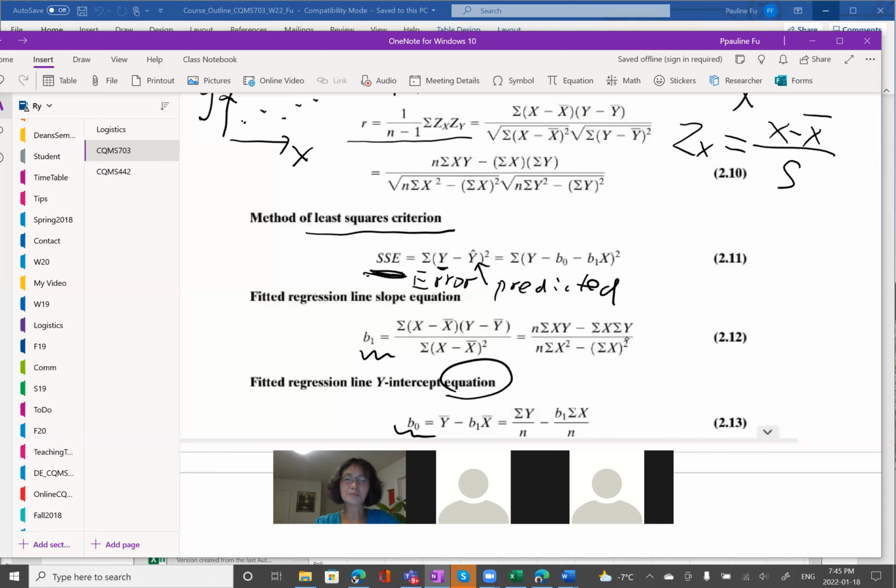Once you have a slope and an intercept, you can write an equation. With the equation, plug in x, and you can produce a y. That y is predicted based on the result of the equation. Subtract it from the original y, square it, do this procedure for all the points, and add them together. You get the sum of squares due to error.